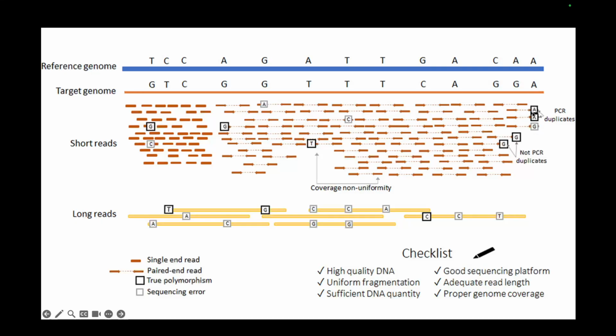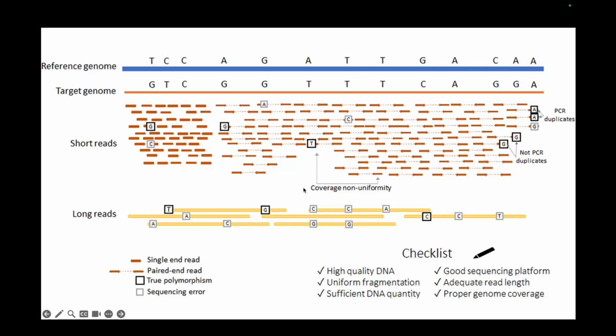But technically it should be one read supporting A and one read supporting G. Due to PCR duplication and contamination in your data, two reads are supporting a particular variation, when actually one read is. So it becomes difficult for the variant caller software to correctly identify a particular variation in the genome.